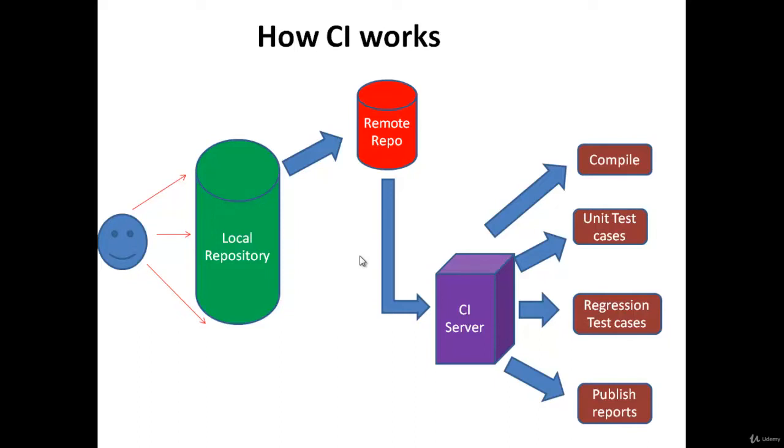Basically, compiling, unit testing and regression are not tasks of the continuous integration system itself. These tasks will be performed by your build automation tools, that is Maven or Ant, which will be integrated with the continuous integration system to perform this whole task as an automated task.